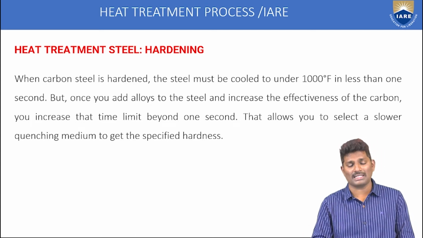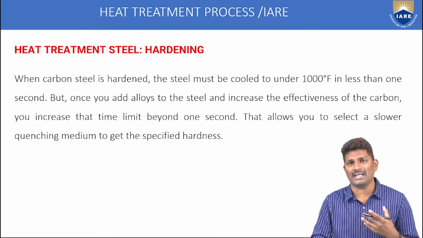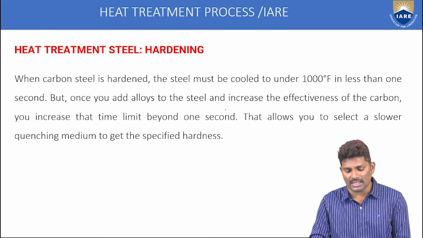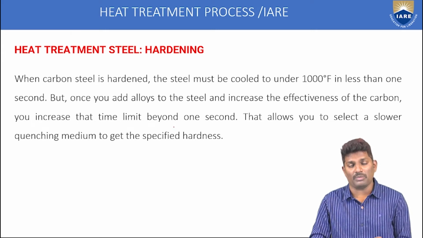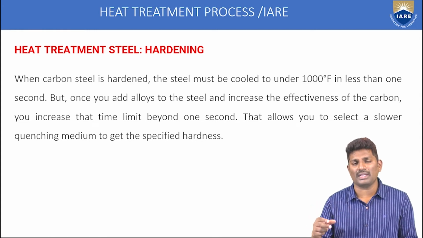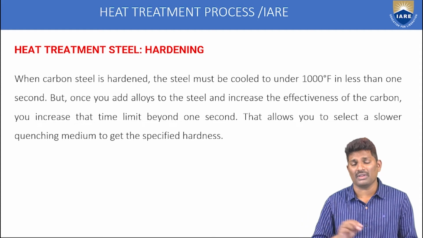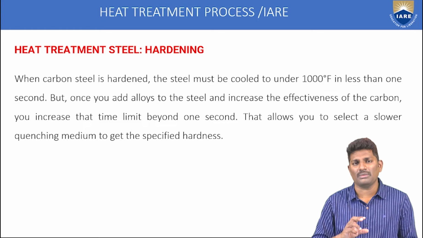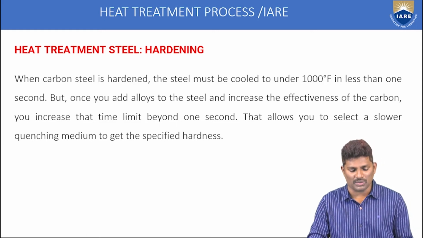But once you add some alloys, that means if you are trying to increase other properties by adding alloys to the steel and increase the effectiveness of the carbon, you have to extend the time limit beyond 1 second. If it is a plain carbon steel, within 1 second you have to cool the system after reaching 1000 degrees Fahrenheit. But if you are adding alloys to the carbon steel, you have to wait beyond 1 second before the cooling process.